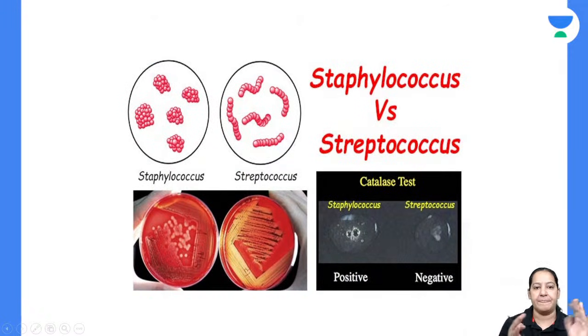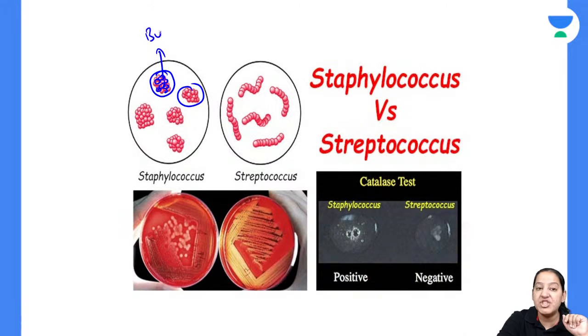The second thing is their morphology, their arrangement. Can you see in the first diagram, all of them are circular, multiple small spheres, but they are arranged in bunches. In the second diagram also, there are multiple small spheres, but they are arranged in chains.